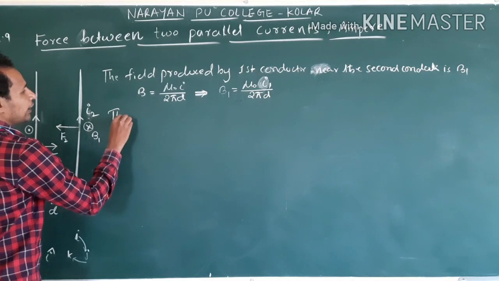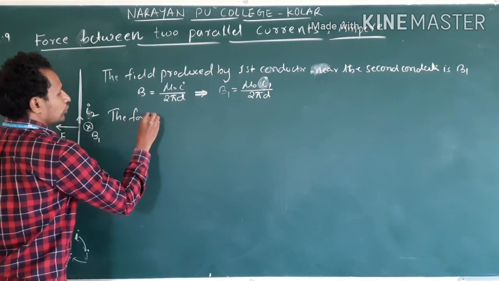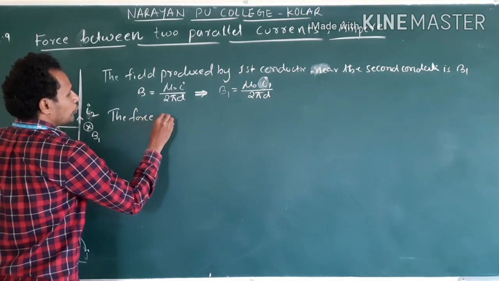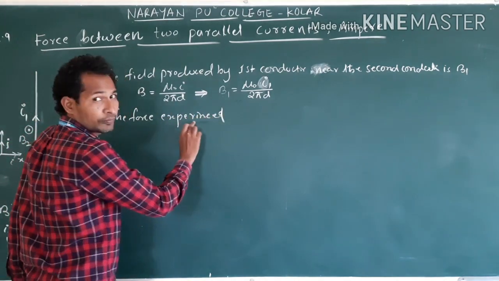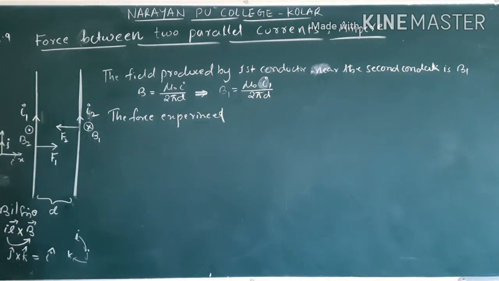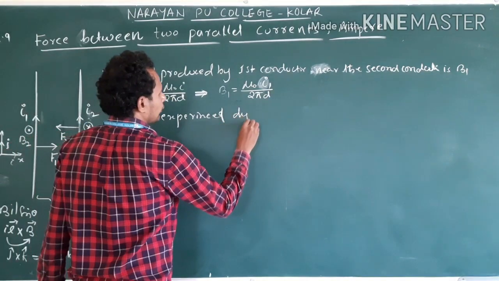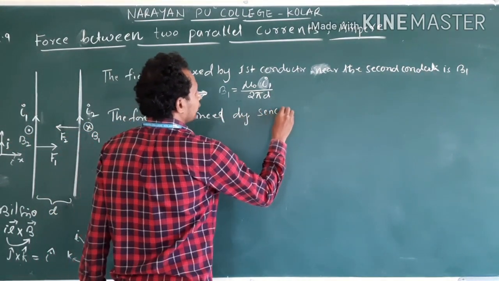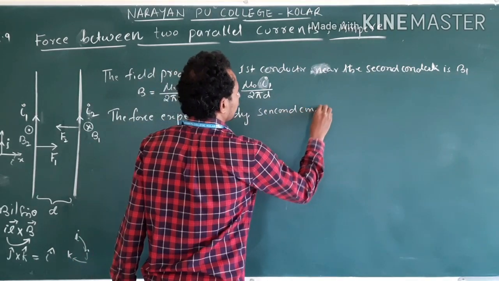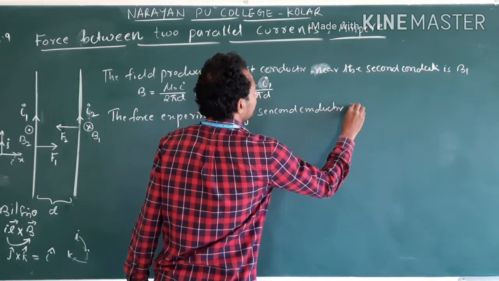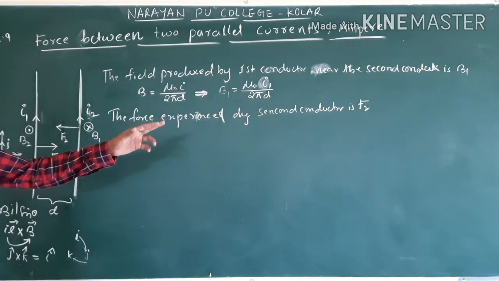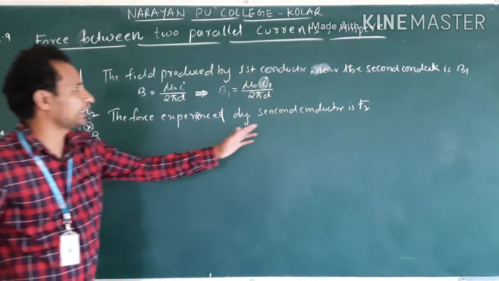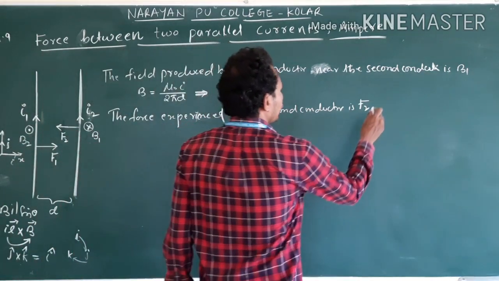How do we write? The force experienced by second conductor is F2.